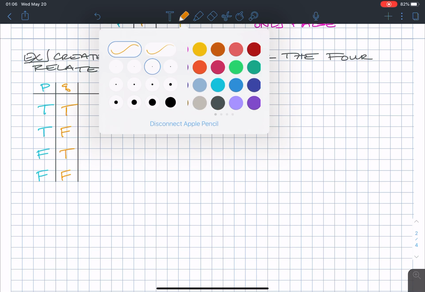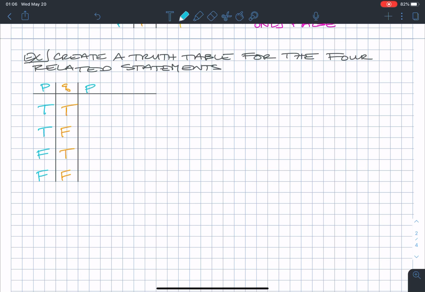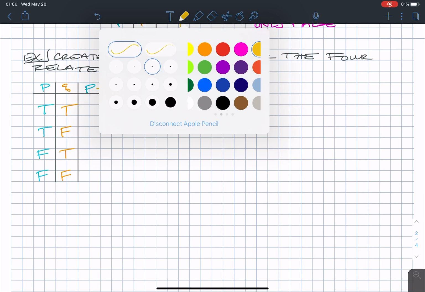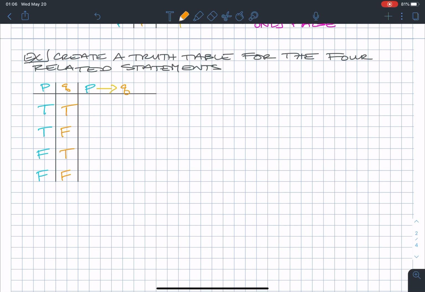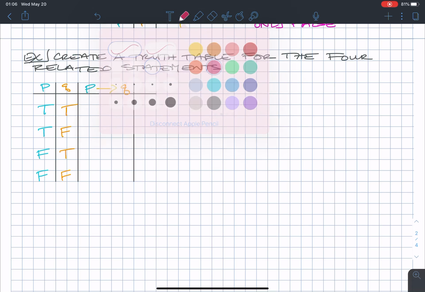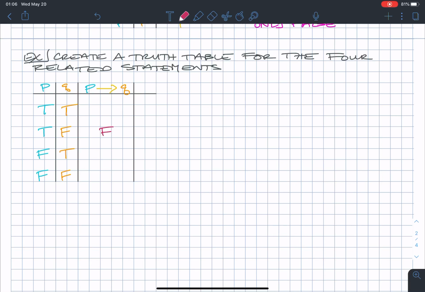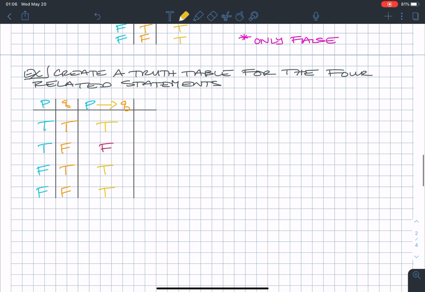And now let's do the conditional statement. P implies Q. And we know that the only time an implication is false is true cannot imply false. So I'm just going to go ahead and do that right away, so that I know everything else is true and I don't have to think. True, true, true. So this is the conditional statement.